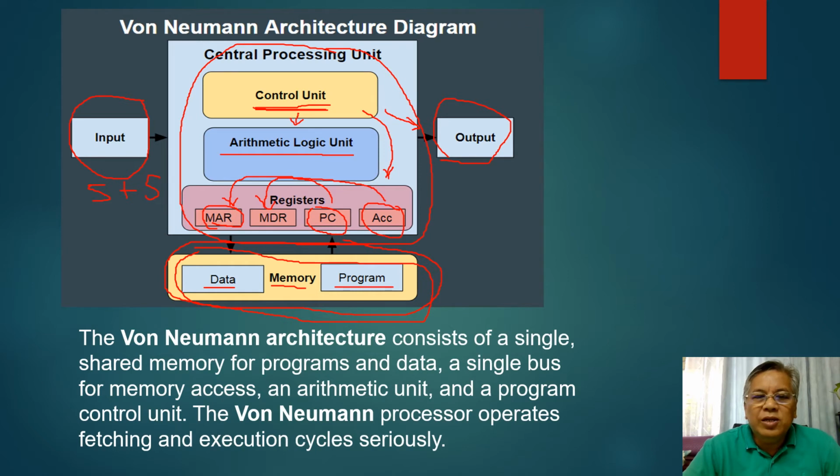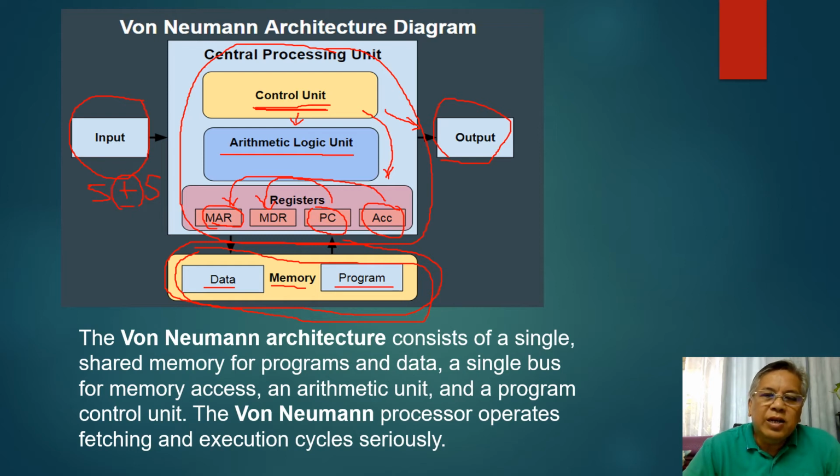Now, your control unit will now transmit or provide instruction into your arithmetic logic unit. Okay? Now, since the operation is 5 plus 5, the operation is addition, then the arithmetic logic unit will perform addition operation in your 5 plus 5 instruction. Okay?